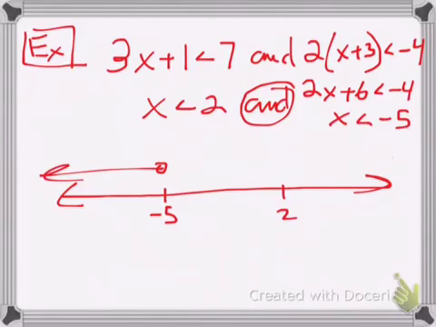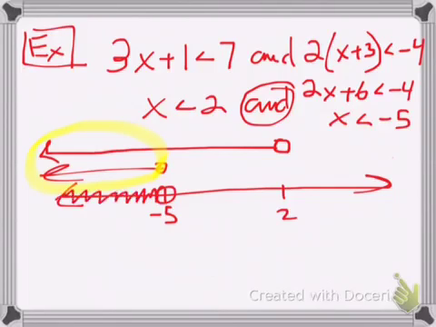What's the intersection going to look like here? x is less than 2 and x is less than negative 5. Where do they cross over each other? No, they don't cross over each other between there. Where are both graphs shaded? Over here. Right? So this "and" problem is going to have this as its intersection.